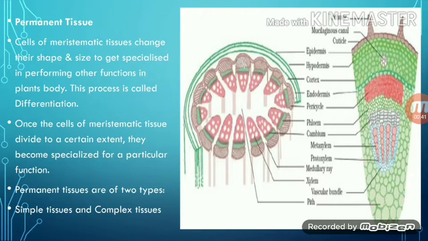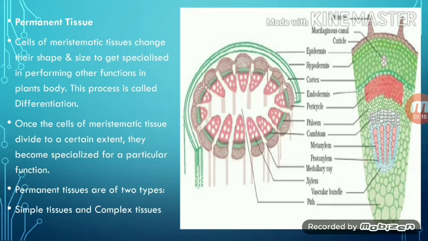So, meristematic tissues change their shape and size to get specialized in performing different other functions, and the process is called differentiation. This is how a cell becomes permanent tissue, and they are of two types.